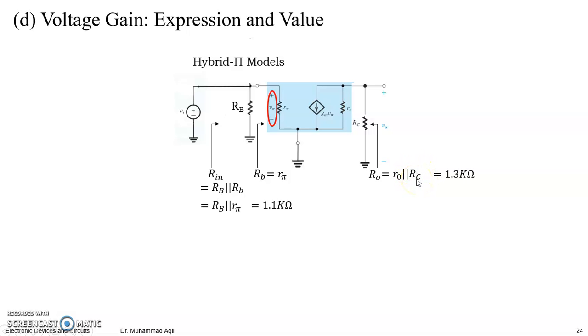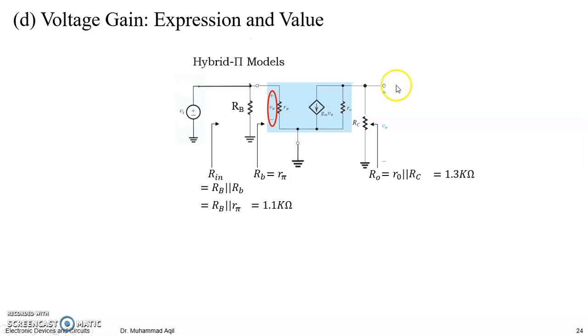If you had neglected the early effect, you would not have taken this small R naught, and the output resistance looking into the output terminal would be equal to RC, with not much difference. But if you want the exact calculation, you have to consider the early effect, and if you are asked to consider the early effect, use this small R naught. So we have found the input resistance, so simple. We have found the output resistance, so simple.